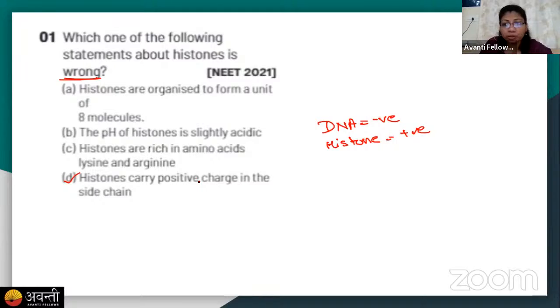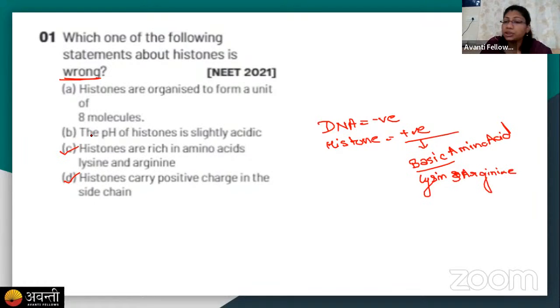And this positive charge is given by the amino acids which are rich in the histone protein, lysine and arginine. So the basic amino acids which we have are lysine and arginine. So according to that, C is also correct. And when the DNA gets wrapped around the histone, these histones further start wrapping around themselves, forming a coil, and in the coil they contain 8 molecules.